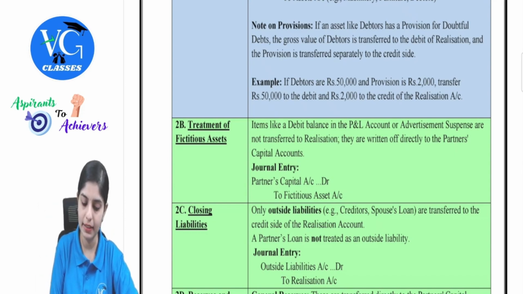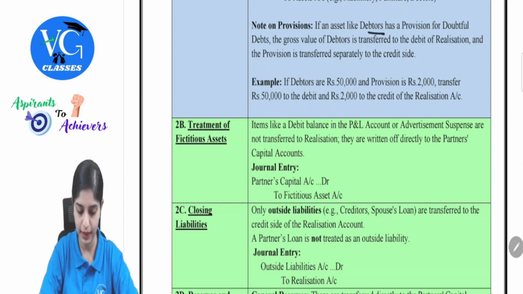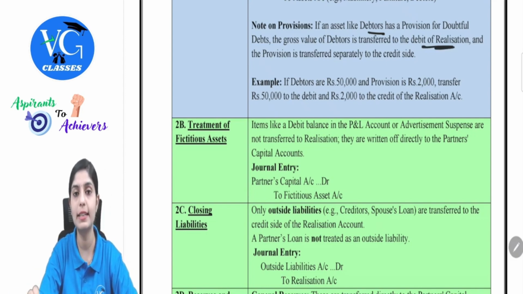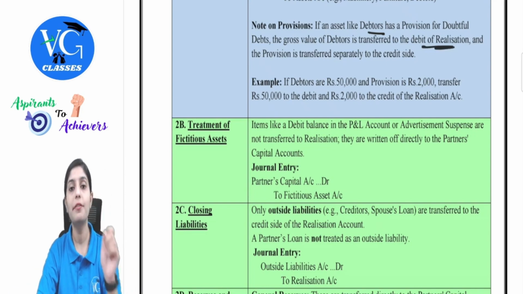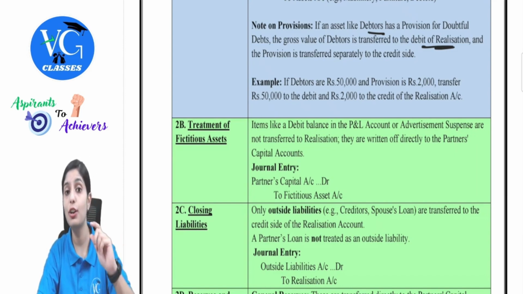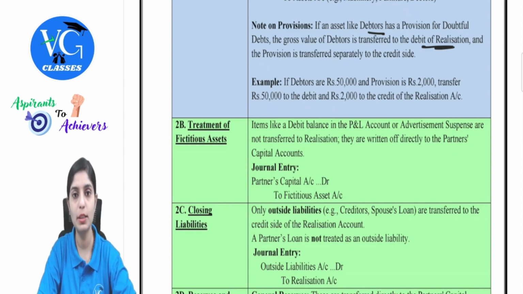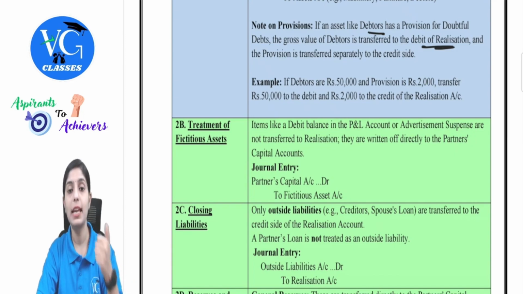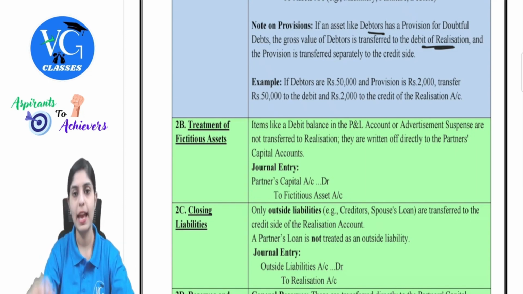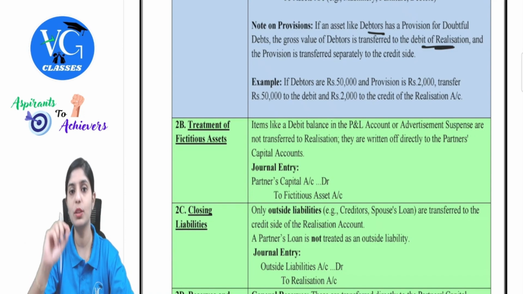If an asset like debtors has a provision for doubtful debts, the gross value of debtors is transferred to the debit of realization and the provision is transferred separately to the credit side. Because here we analyze this as assets and liabilities and not as a net item. So if such values are presented, we will take the gross value of debtors as assets and the provision as a liability.